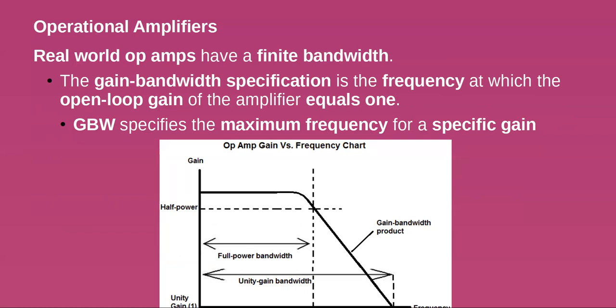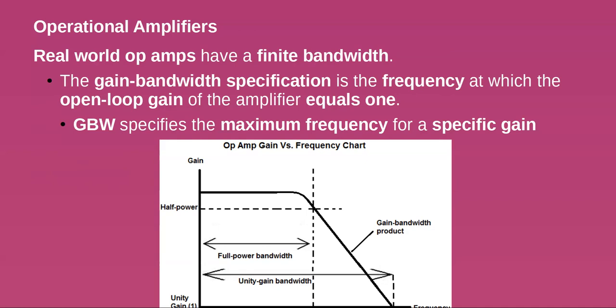So as you go up in frequency, the gain of the amplifier drops. When it gets down to a gain of 1, whatever frequency that is, is the gain bandwidth product. So for any lower frequency, if you divide the frequency into the gain bandwidth product, you'll get the maximum gain that's possible for that particular device.